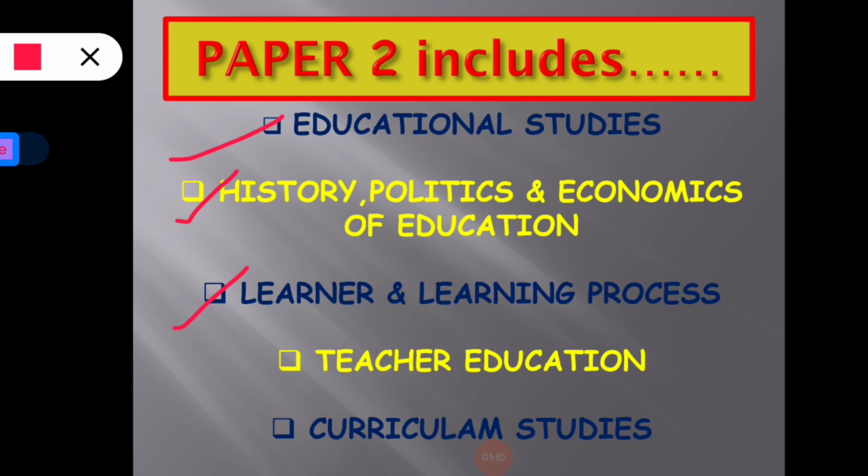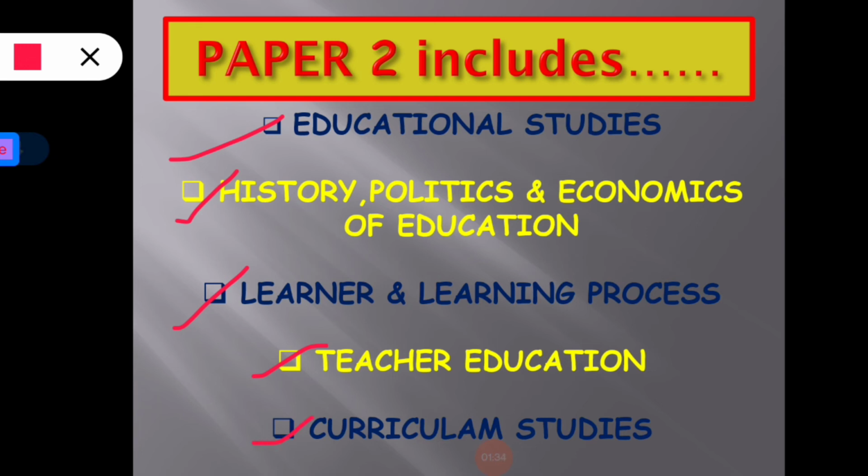So now go to the fourth one, that is teacher education, and in this unit we will discuss the process, the duration, the courses, and subjects of teacher education. Okay, and now going to the fifth one, that is curriculum studies.